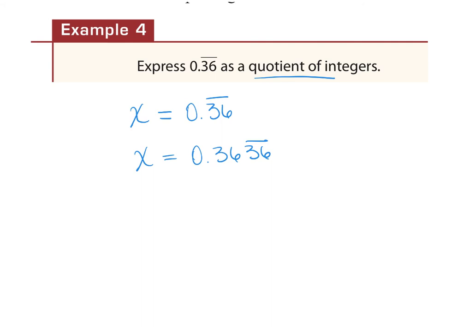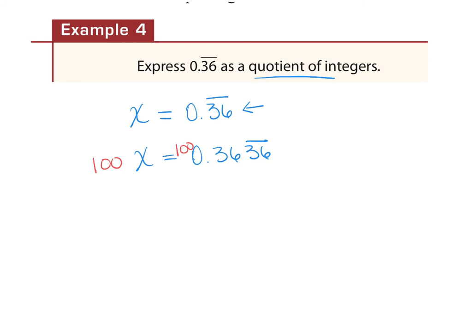Now, here's what I want to do. I want to take however many digits are repeating, and I want to multiply both sides by 10 to that power. So basically 1 with the same number of zeros. How many digits are repeating here? 2. So I am going to multiply both sides by 100, 2 zeros, okay?